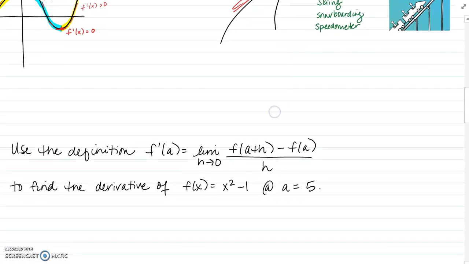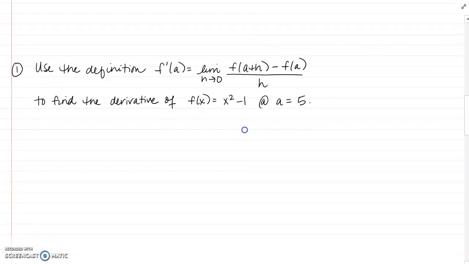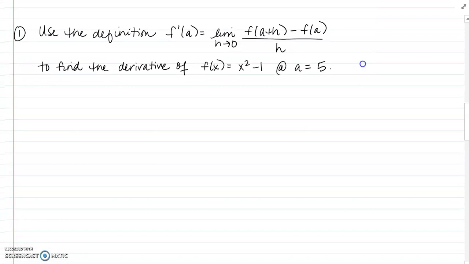We're going to look at a couple examples. So number 1 is the definition that you guys have already seen in the last chapter. So use this definition to find the derivative of f at a equals 5. So this is a particular value.